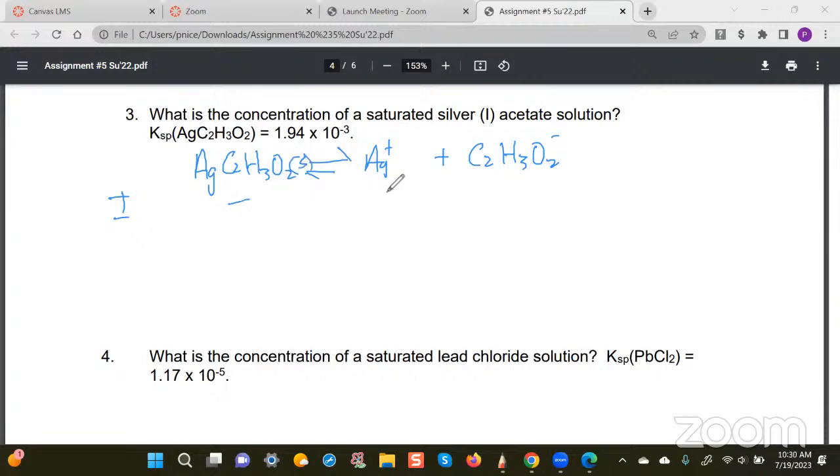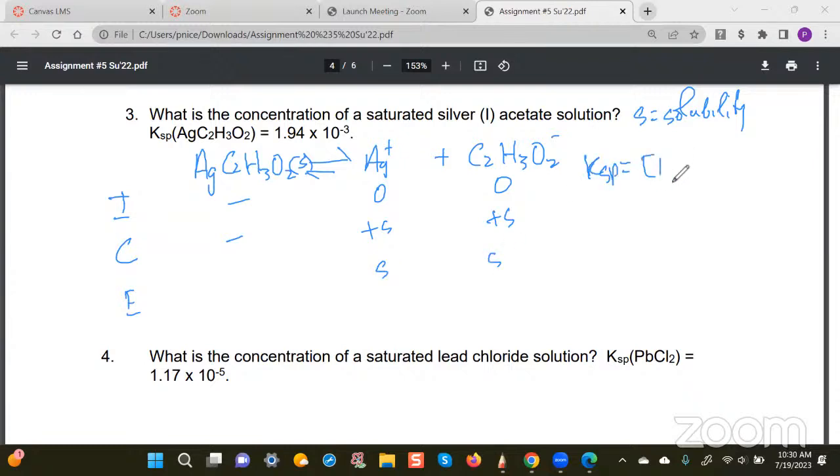Initially, the concentrations of the silver ion and the acetate ion are 0. If S is the solubility of this compound, the change for the silver ion is plus S, and for the acetate ion it's plus S. So at equilibrium, you have S and S.